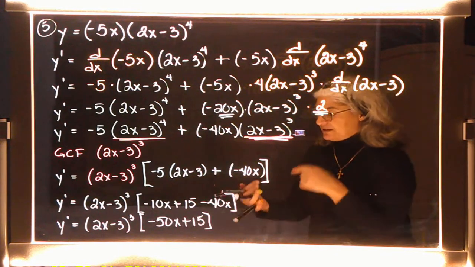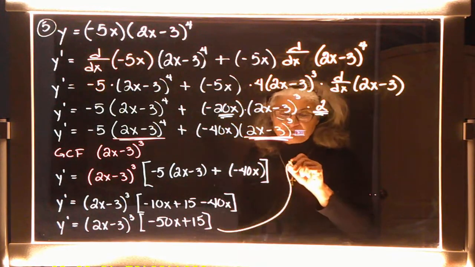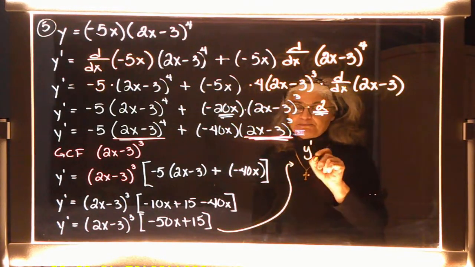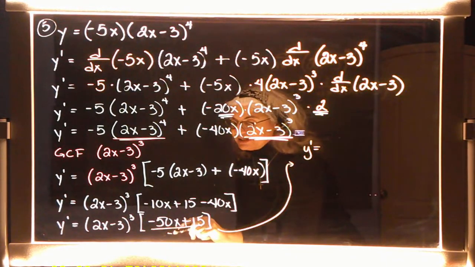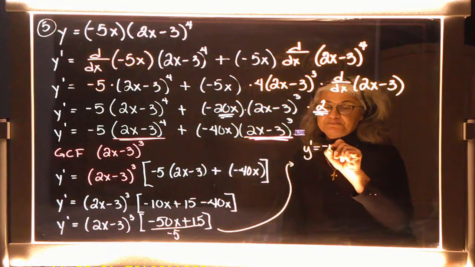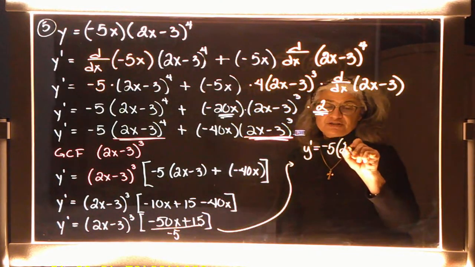It's the same thing. So y prime: from here, I'm going to divide out a negative 5. We still have the original GCF.